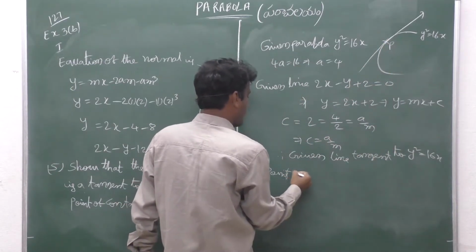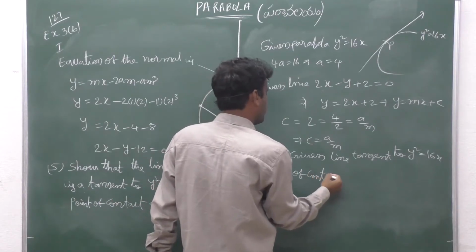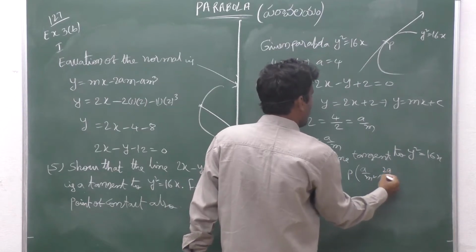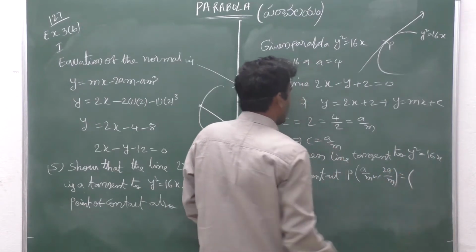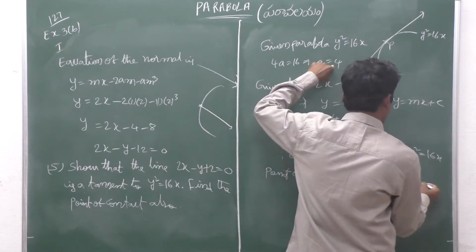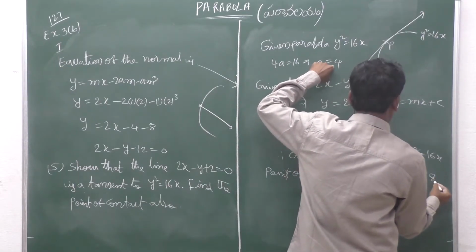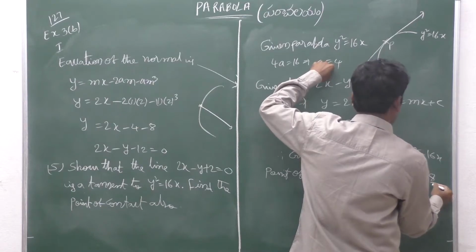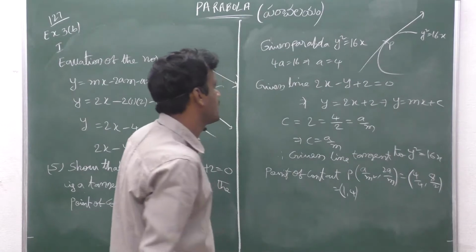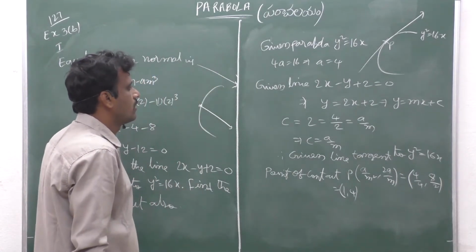Point of contact P equal to (a by m square, 2a by m). That is, a means 4, m means 2, so 4 by m square is 4 by 4, and 2a by m is 8 by 2. That is (1, 4). The point of contact is (1, 4).